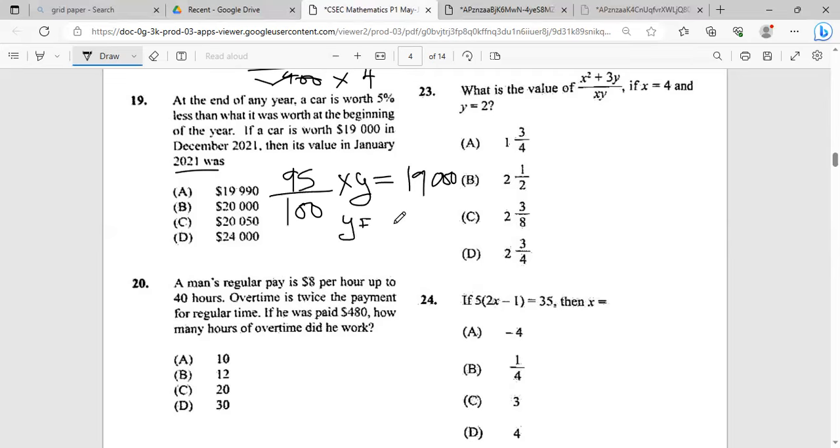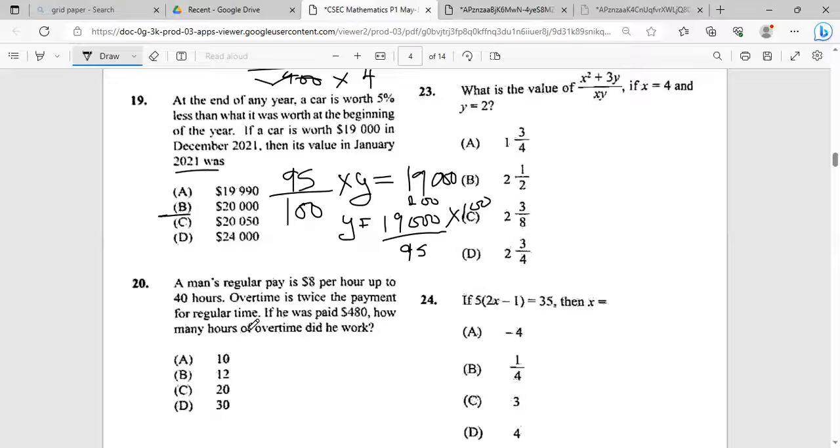So it's 19,000 times 100 first, divided by 95. 90 and 90, 180, right? So this into 19 you can't, but this into this is 180. So these are 2, 0, 0. As I say, it's 20,000.